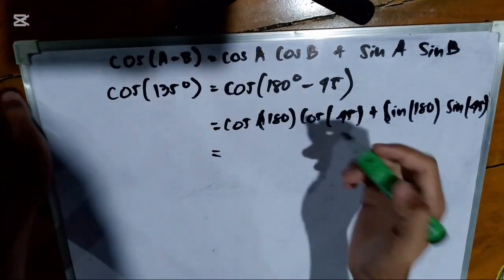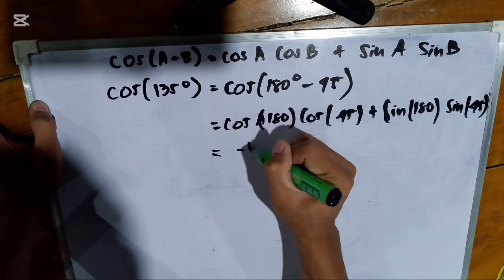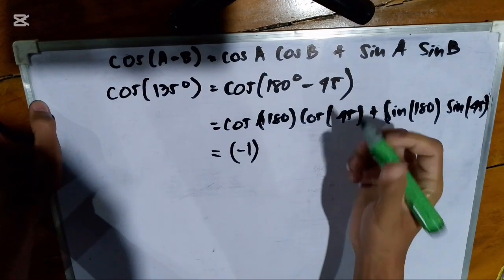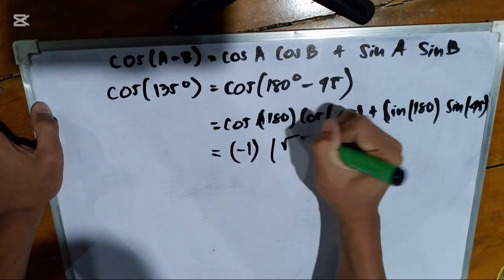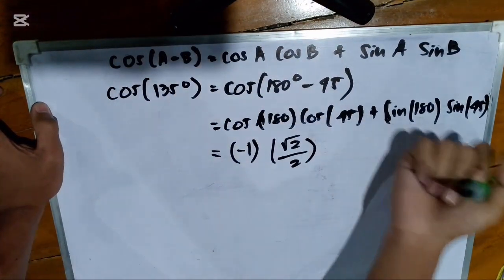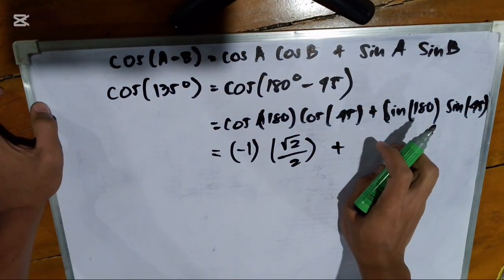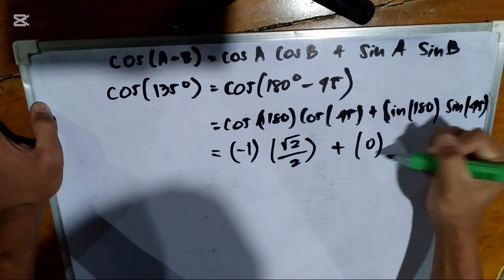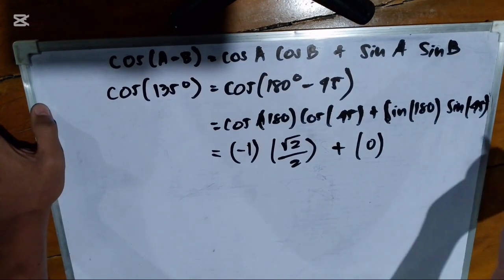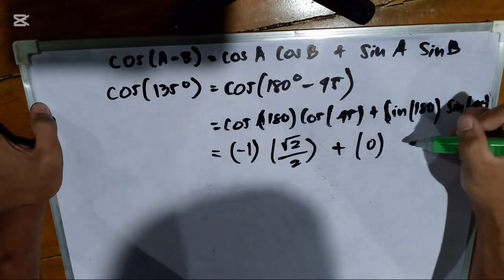The value in the unit circle of cosine 180 is negative 1 multiplied by cosine 45 degrees, or root 2 over 2, plus sine 180, or 0, and sine 45 degrees, or root 2 over 2.